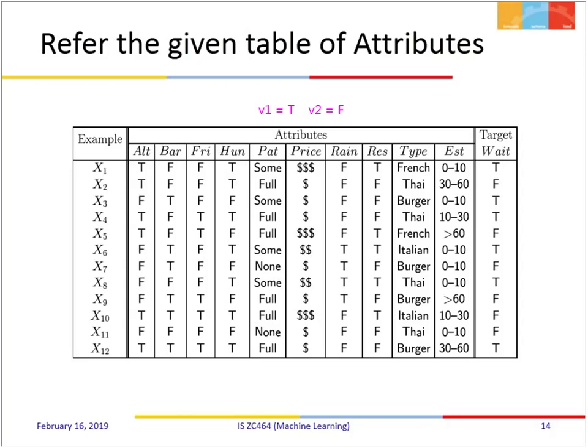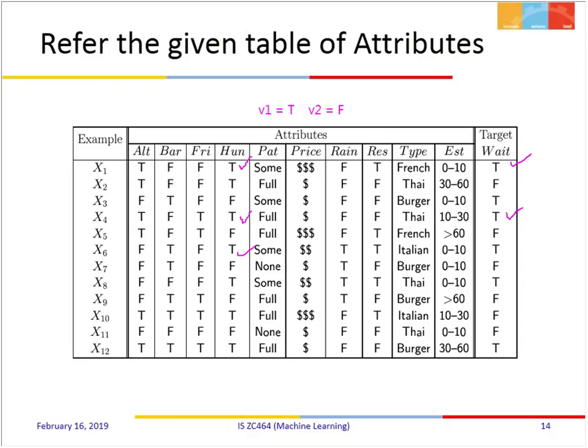So when this is the first observation, hungry is true and target wait is true. When it is the second observation, x2, the person is hungry but doesn't have to wait. Third one is anyway false. Fourth is true and the person has to wait. So this is the second occasion when the person was hungry and has to wait. Then comes the sixth one.